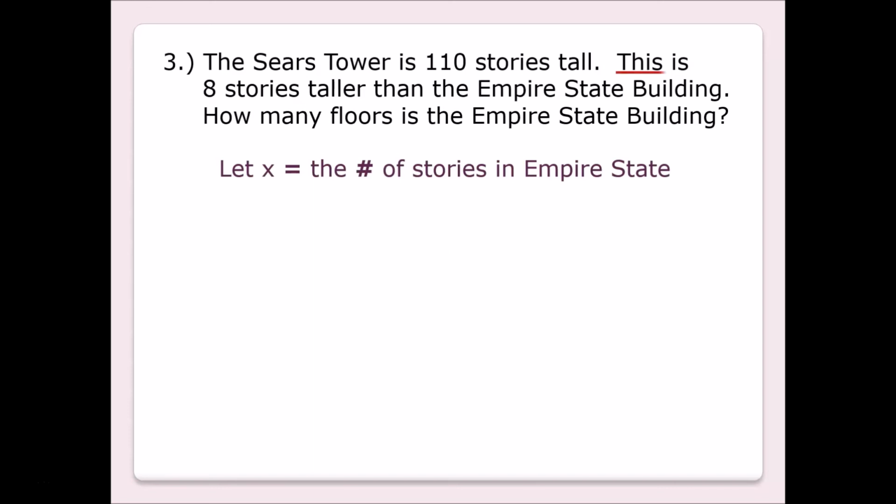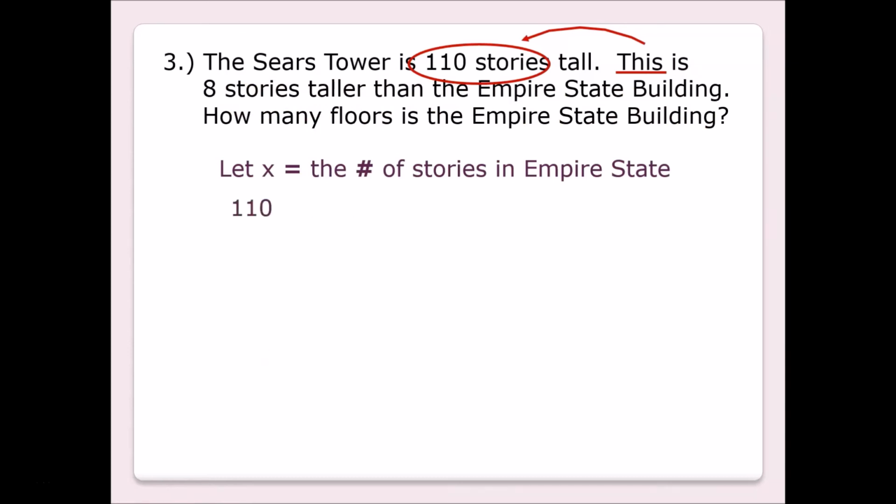And then, followed by our equation. So 110, this is equal to 8 taller. So it's equal to 8 plus x.